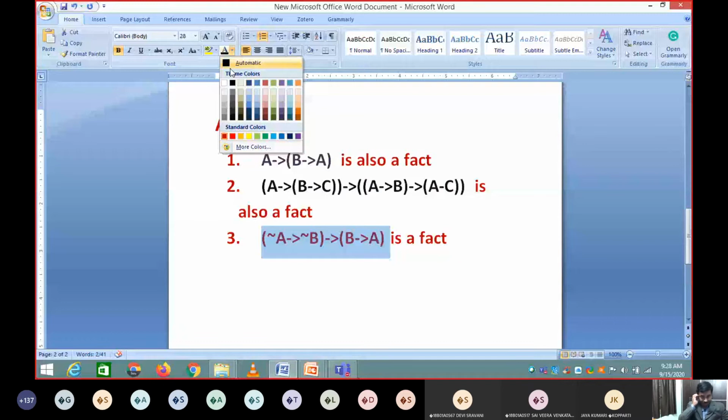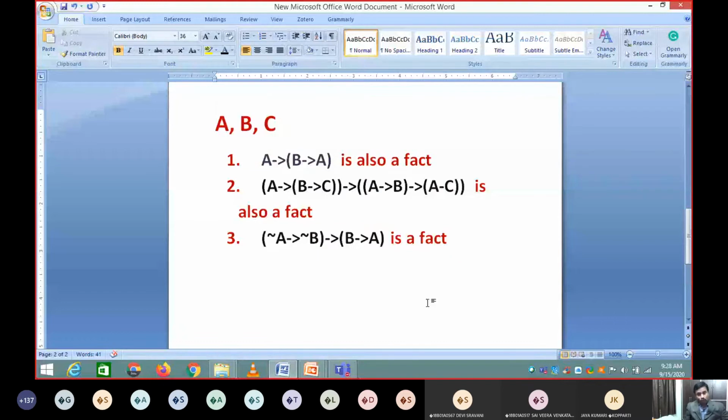So axiomatic system is a system which will allow only the implication, and whenever A, B, C are statements, then this is also valid. This is true. So when A, B, C are some statements, this is also true. When A, B, C are statements, this is also a fact.